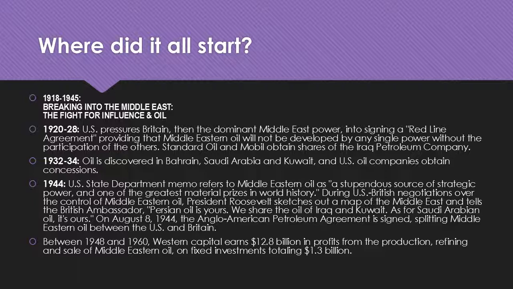As it goes on, from 1920 to 1960, we see that our relationship with the Middle East changes as the competition for oil increases, or as our demand for oil increases. Our agreements, our relationship with the Middle East will shift and be a lot more competition based.